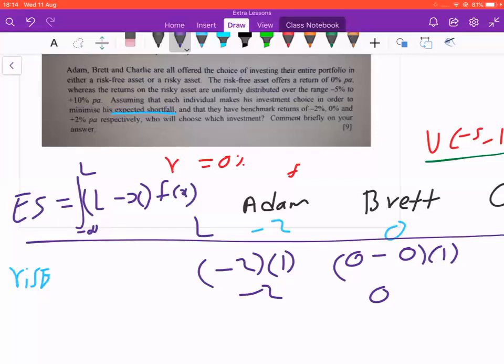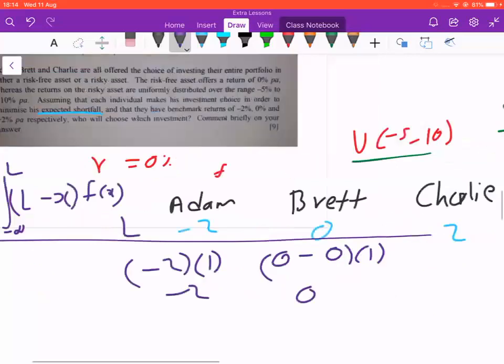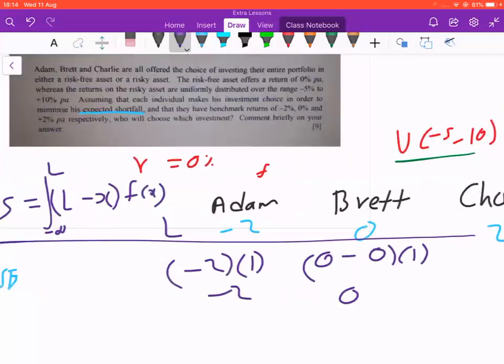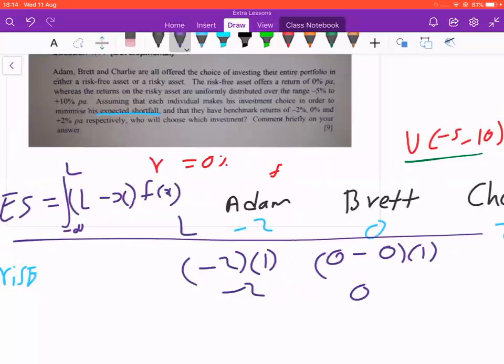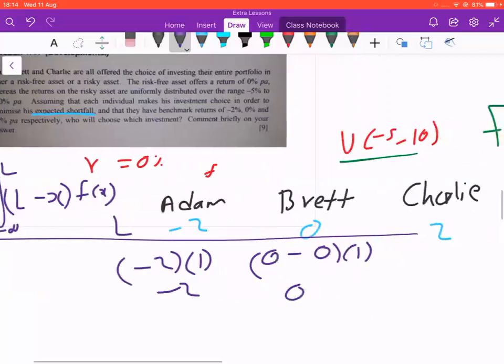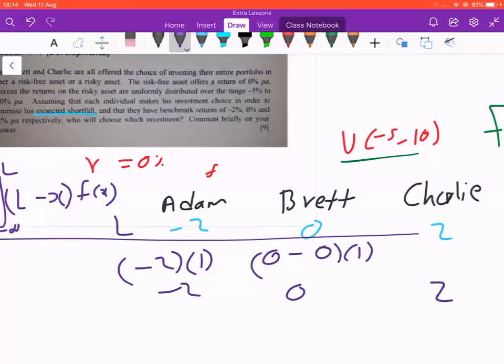For the other one, the benchmark is 2, so you have 2 minus 0, which again gives you 2.